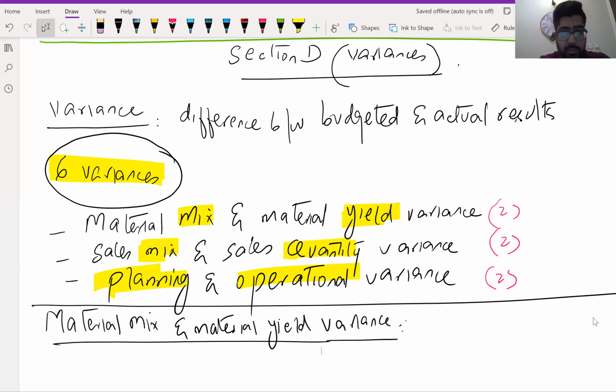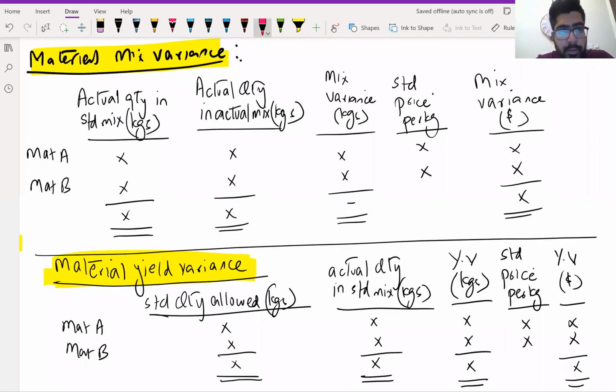If you want to copy these notes, you can copy them.